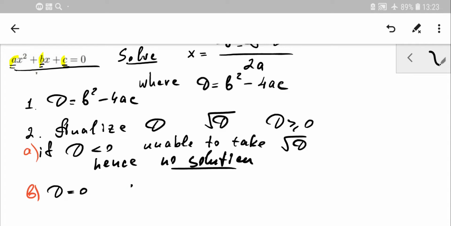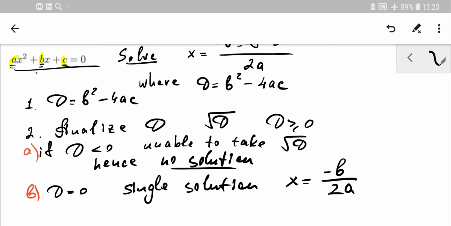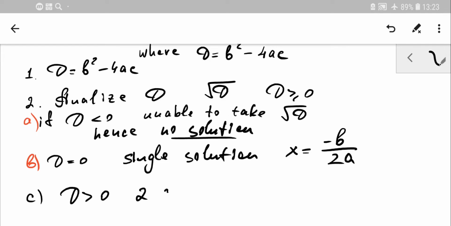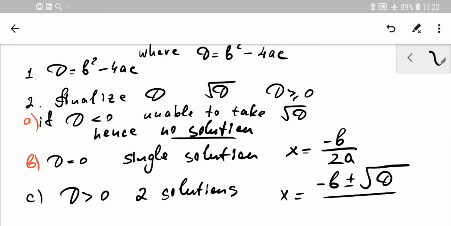You have a single solution here: x is simply minus b over 2a. And the last case, case 3, if the discriminant is more than 0, there are two solutions which you can calculate through the formula. You just take the square root of the discriminant and divide by 2a.